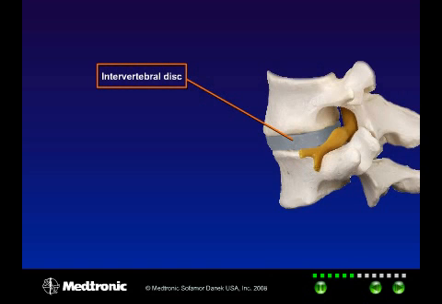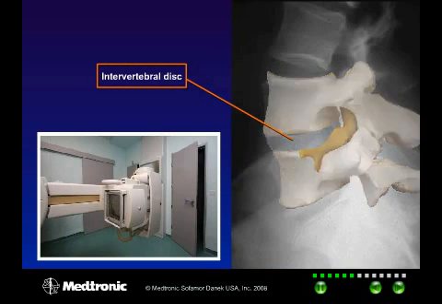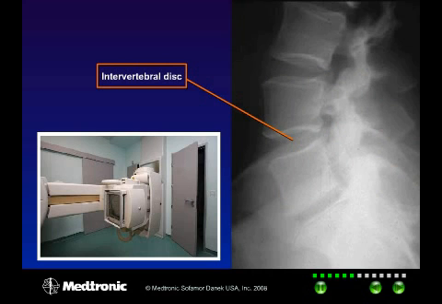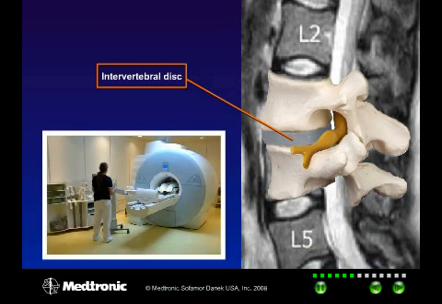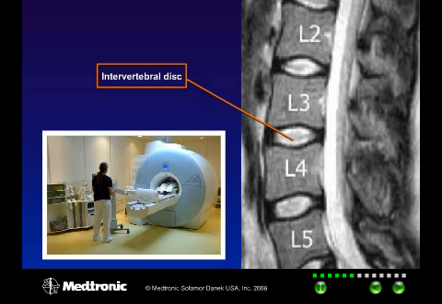The intervertebral disc isn't visible on an ordinary X-ray. The X-ray only shows the space between the vertebrae where the disc sits. An MRI is needed to visualize the disc. MRI is an imaging method that looks at the water content of a structure.